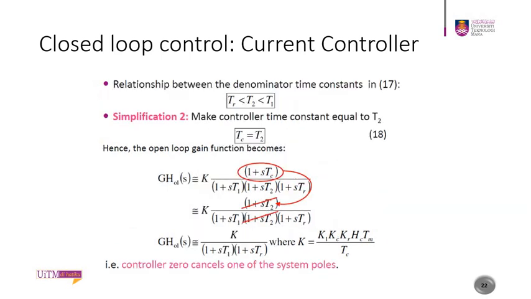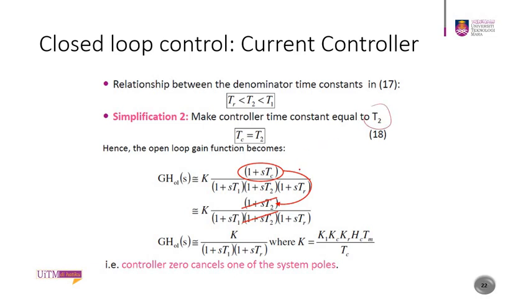And also the relationship between the denominator time constants: T2 is in the middle of TR and T1. So you can make simplification number 2, make the controller time constant equal to T2.